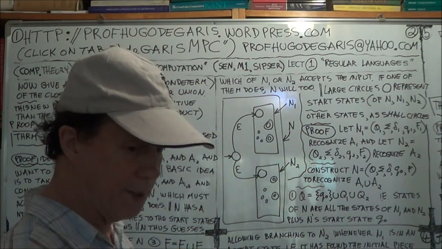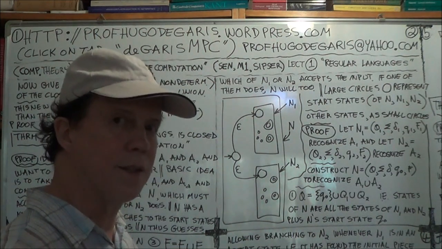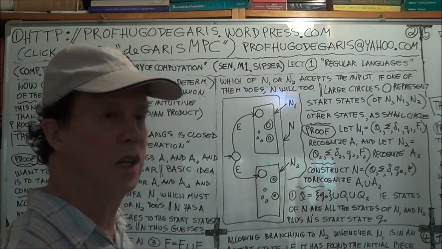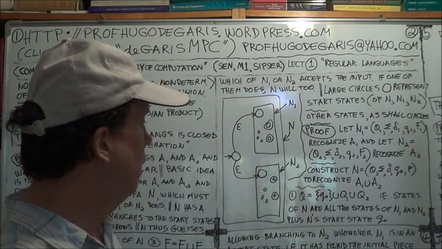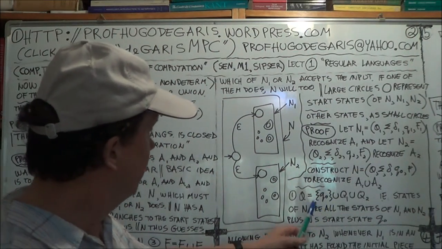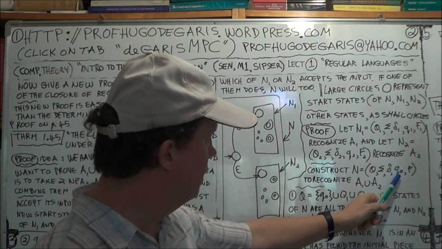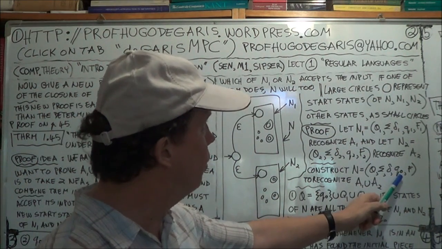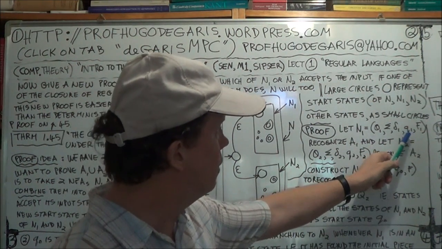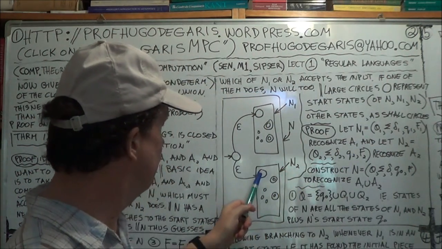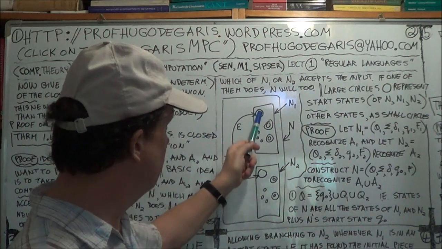Capital Q, the set of states that the automaton, the NFA, the machine, uses, right? Well, I guess, so this is the start state. This is Q0, the fourth one. So Q1 would be the start state of that. Q2 is the start state of this one. So that'll be Q2, that's Q1.